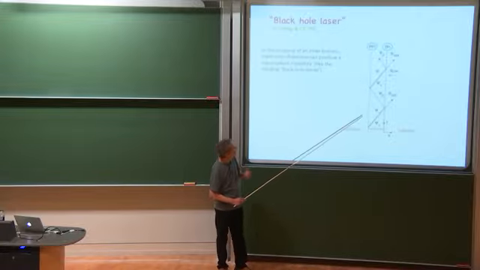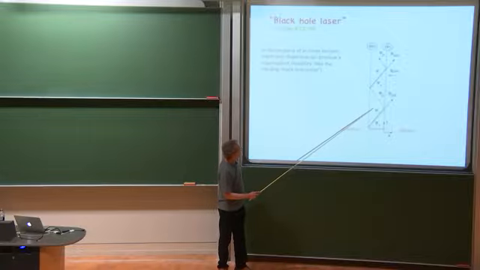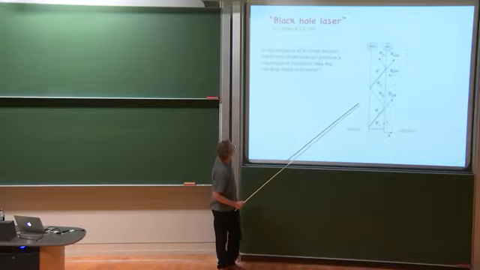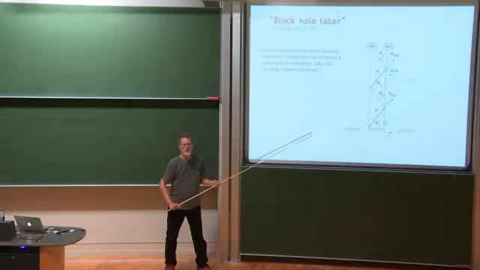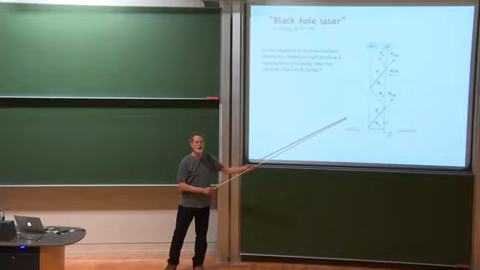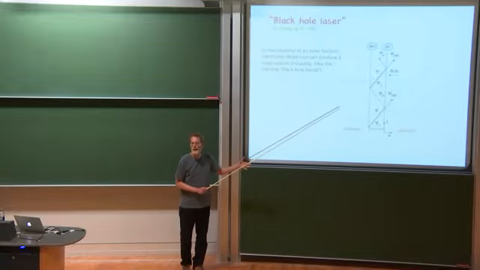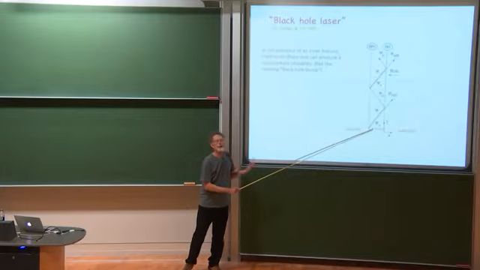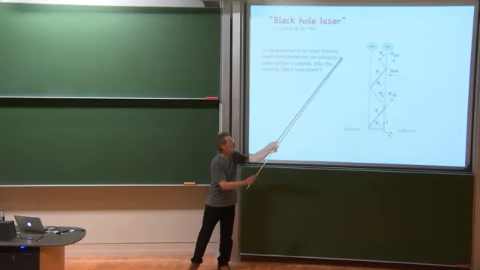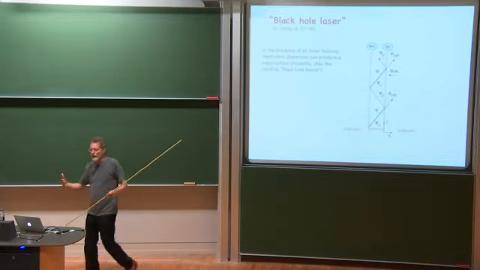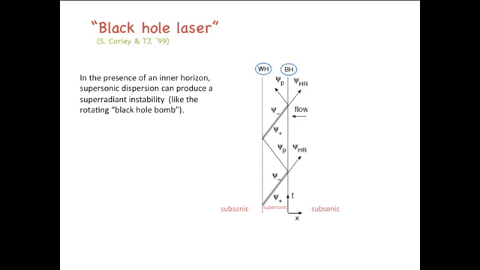I don't have time to explain it in detail. And this seemed very interesting and eventually got considered to be a possibly good target for experimental verification of Hawking effect in the lab, because rather than detecting the very delicate signal of a single Hawking pair, maybe one could detect this exponentially unstable scenario.